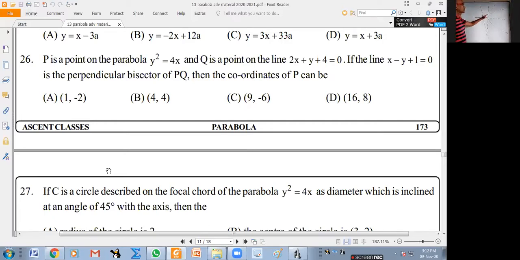They want this to be the bisector of 2 points on this and this. We're going to find that. Somewhere here, quite possible. This is P and this is Q. What is that P?